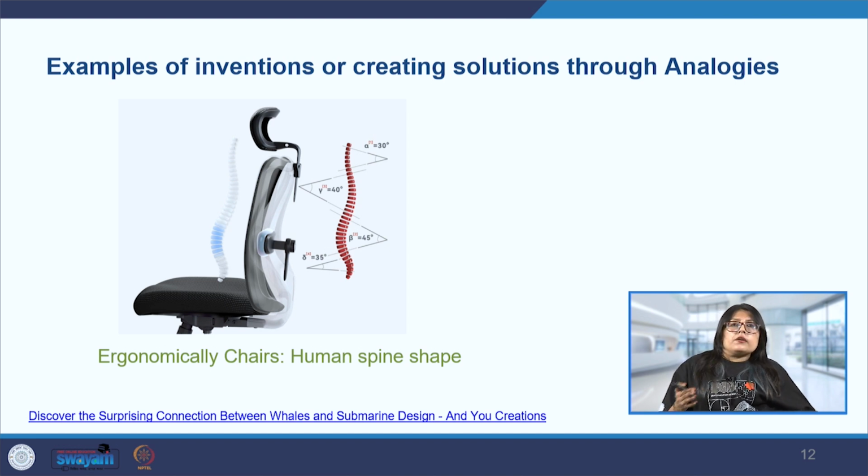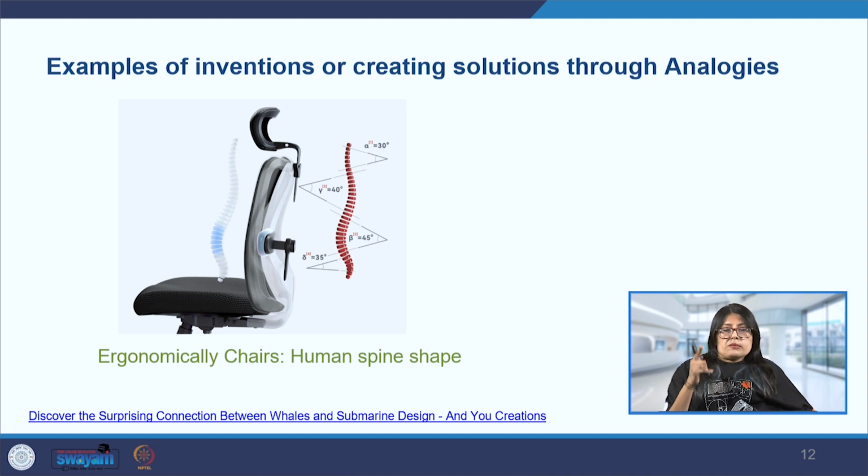So we can see here that of course when the person is sitting, their body should also be allowed to lean when they want the support of the chair, especially when they are working for long hours. So here we can see that the shape of the chair is inspired by, or designed around, that of the human spine.